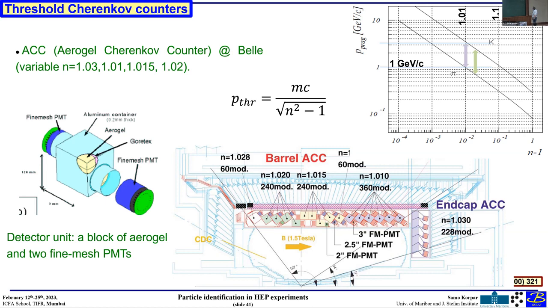So this is this point here, which makes the range from 1 to 3 approximately the difference between the point where the pion starts to radiate and the point where the kaon starts to radiate. And when you use the higher refractive index toward the backside, then this shifts to lower momenta, and even lower for these forward tagging kaons. So this was the design of one of these detectors.